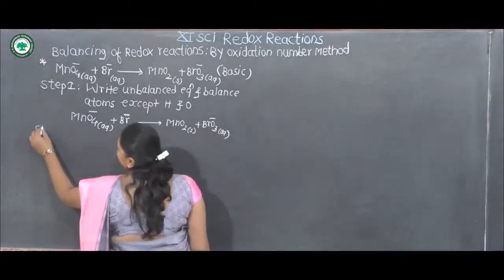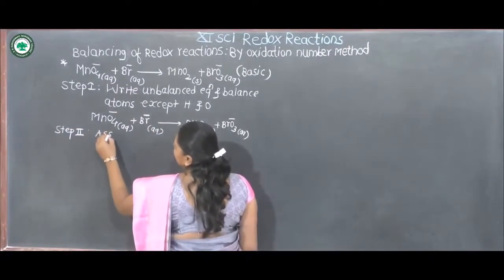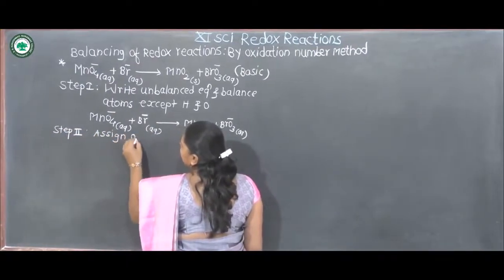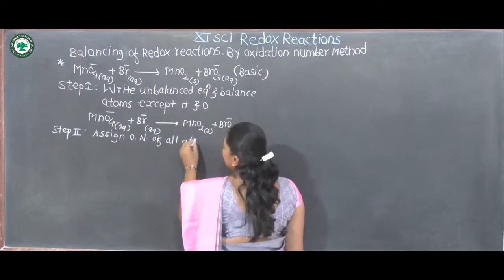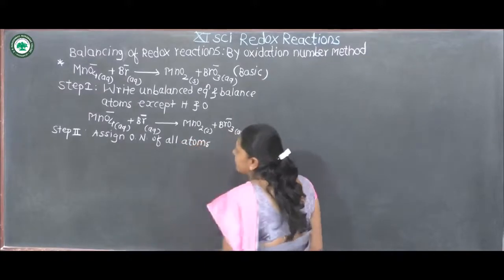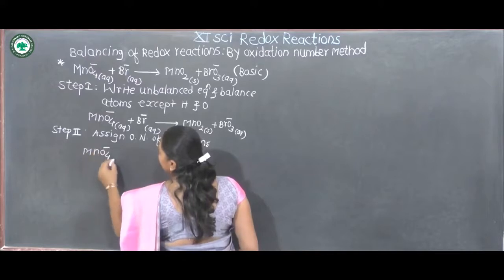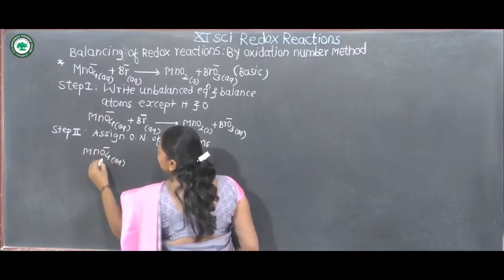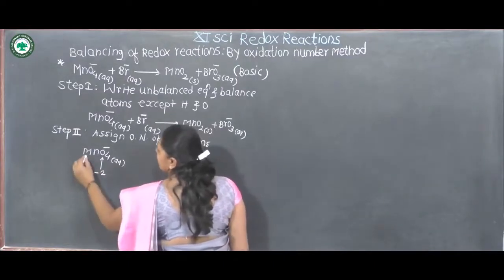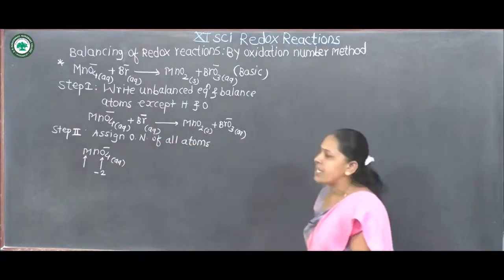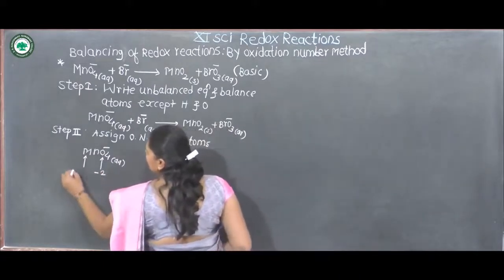Step second, assign oxidation number of all atoms. MnO4 minus: we know that oxygen generally shows the -2 oxidation state. Then what is the oxidation state of manganese? It is +7.